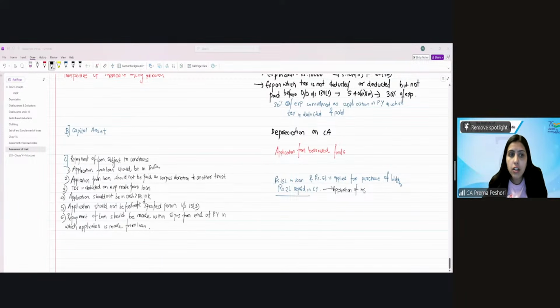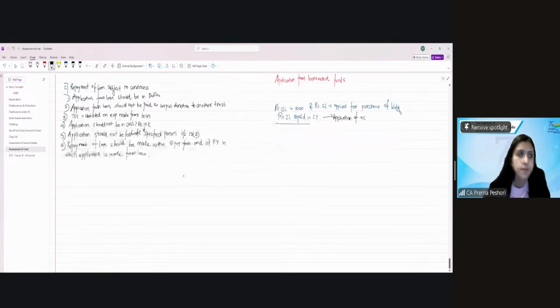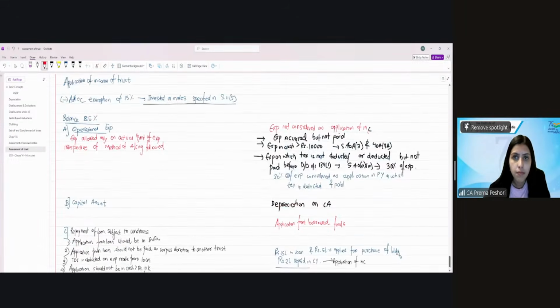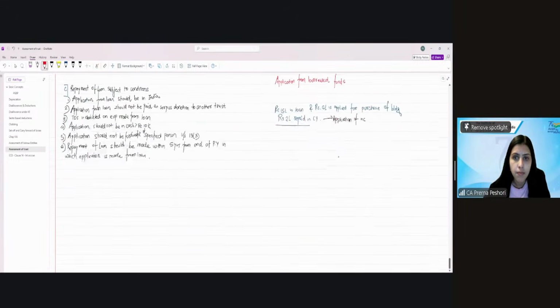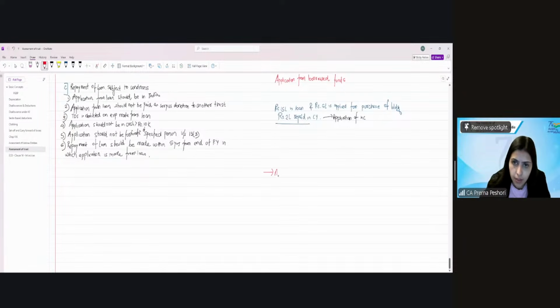Now understand that if I am making any application from the corpus donation, that is also not considered as the application. So application from the corpus donation is not considered as the application of the income.